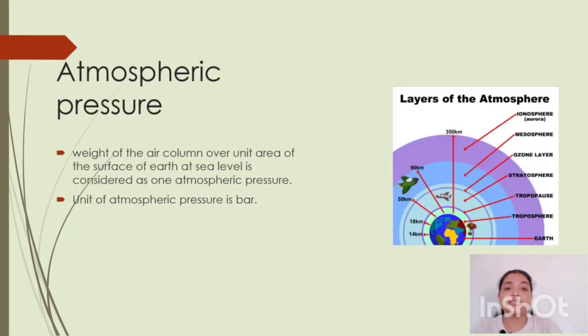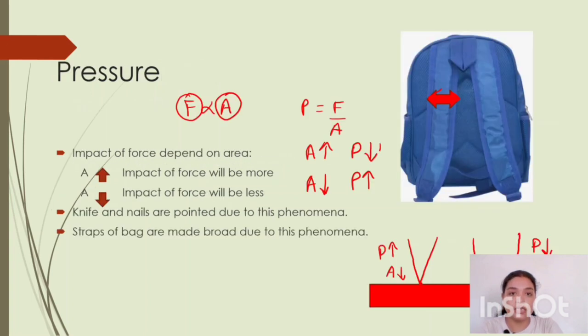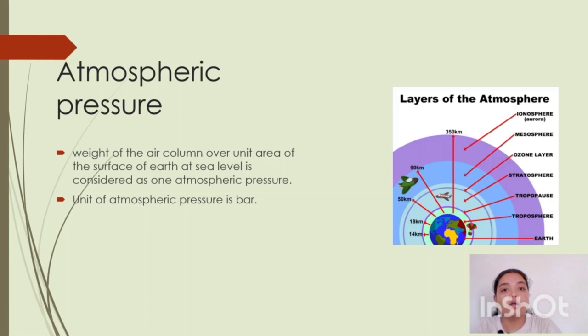The next type of pressure is atmospheric pressure. We have seen this pressure in solid objects. Like solids, pressure is also there in gases and liquids. So gas and liquid also apply pressure. What is the atmosphere? We all know that our earth is surrounded by plenty of air, which is known as the atmosphere, and it is divided into different layers.